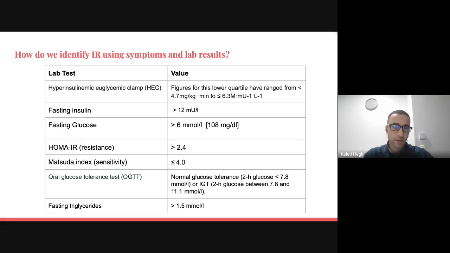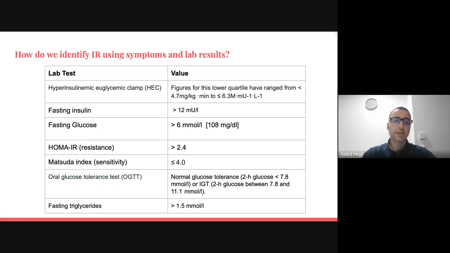Postprandial measurement, obviously the OGTT, the oral glucose tolerance test, and that's where we can spot the line between insulin resistance and possibly what happens in prediabetes and diabetes. Although postprandial glucose behavior is more complex than just that.